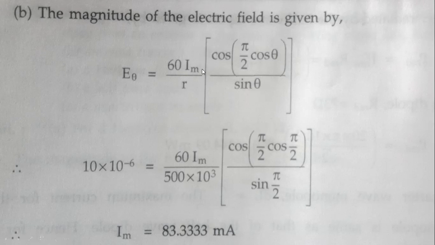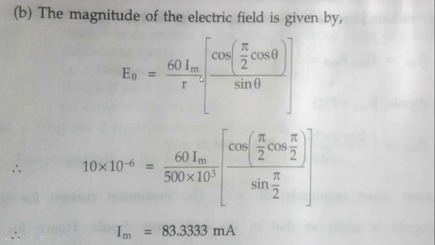Here you need to calculate the unknown parameter Im. r is given as 500 kilometer, so 500 into 10 raised to the power 3. The 60 into Im stays as it is. Theta is given as pi by 2 in the numerical, so wherever you have theta, you need to substitute pi by 2.